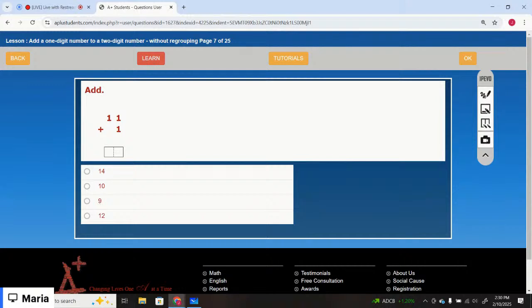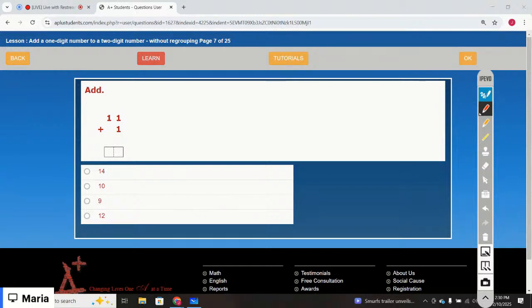11 plus 1, which is the correct option? The correct option is 12.